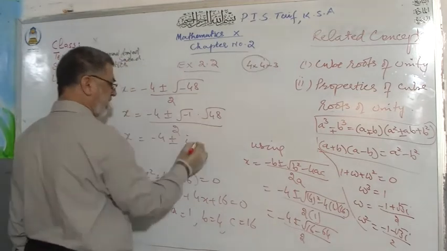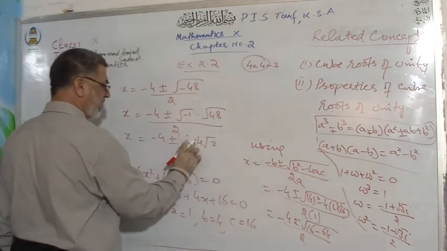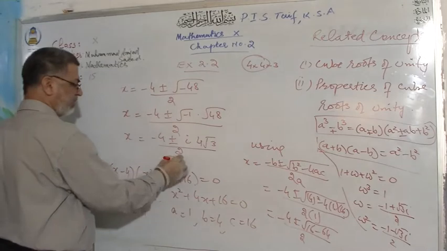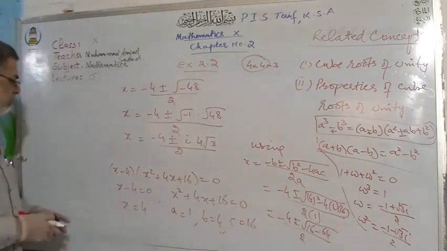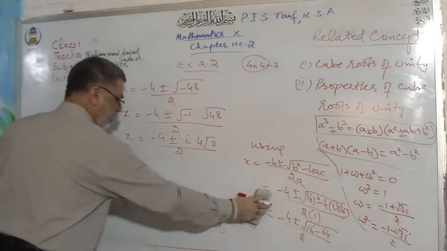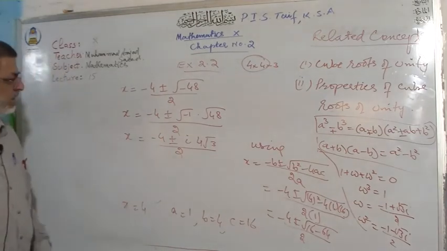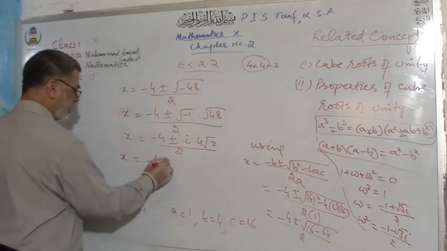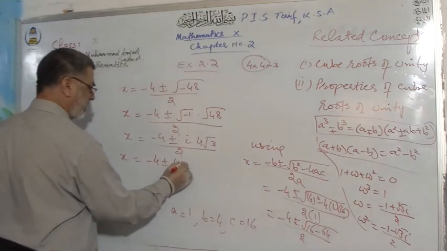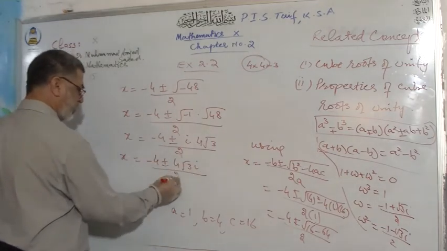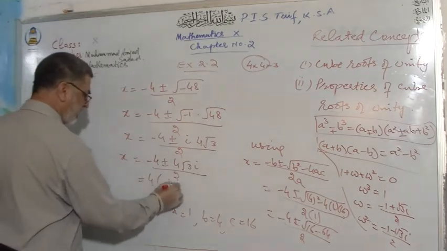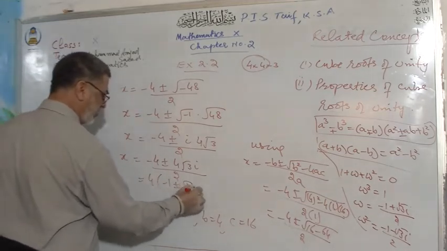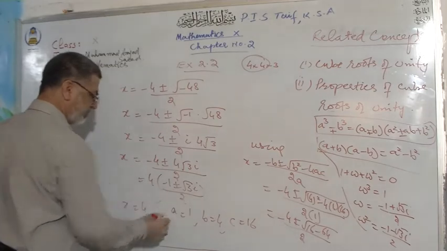So 4 is double, it will come out as a single value. This will be 2. After that, you can write x is equal to minus 4 plus minus 4 under root 3 iota over 2, taking 4 as common, minus 1 plus minus under root 3 iota over 2.